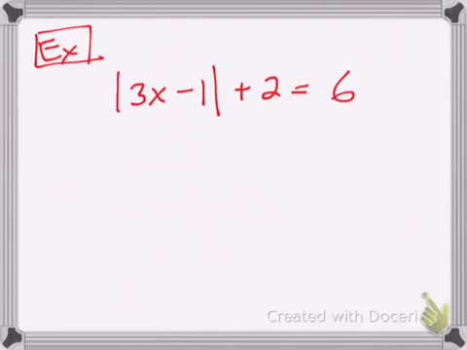Can I split this into two equations? No, because the absolute value part has to be by itself before I split it. How do I get the absolute value part by itself? Subtract 2 from both sides. And that gives us absolute value of 3x minus 1 equals 4. Now the absolute value part's by itself.